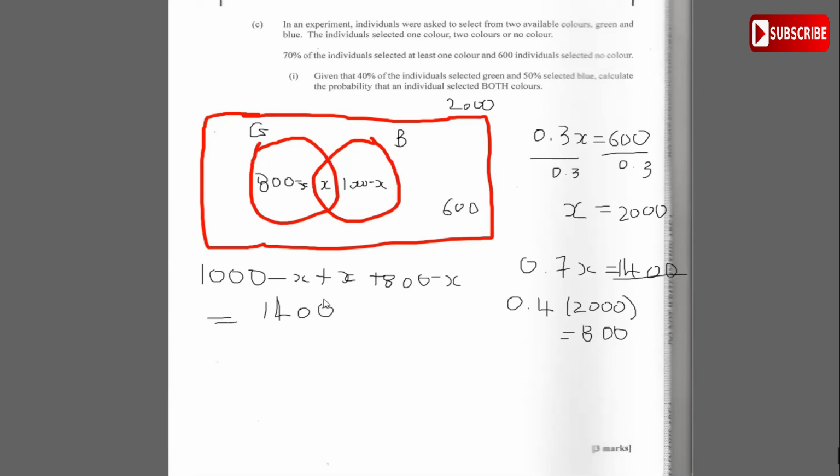So what that means is 1,000 plus 800 is 1,800 minus X, that's equal to 1,400. So that means that X equals 400. X being 400, what does that mean for us? X equal to 400 implies that 400 persons selected both colors. So now that we have figured out all of the information, let's attempt the rest of the question.